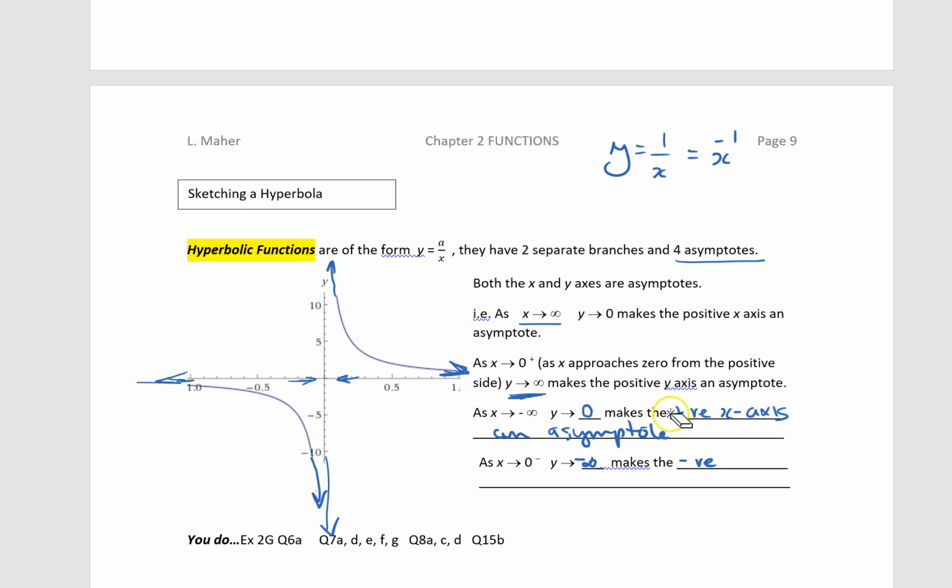Sorry, that should have been a negative there, isn't it? So the negative y-axis is also an asymptote.